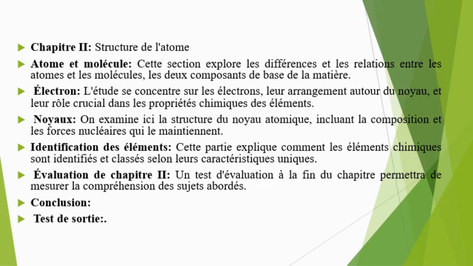Électrons, l'étude se concentre sur les électrons, leur arrangement autour du noyau et leur rôle crucial dans les propriétés chimiques des éléments. Noyau, on examine ici la structure du noyau atomique, incluant la composition et les forces nucléaires qui le maintiennent. Identification des éléments, cette partie explique comment les éléments chimiques sont identifiés et classés selon leurs caractéristiques uniques.